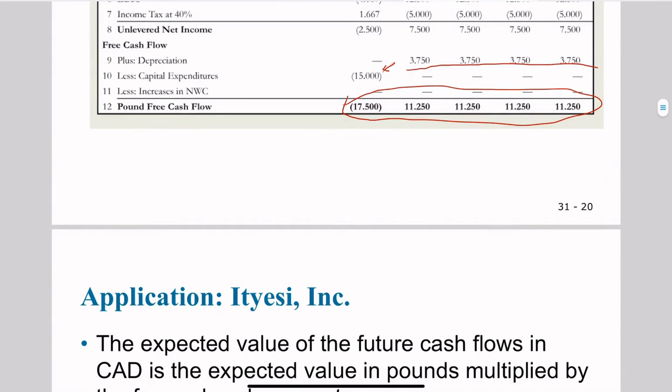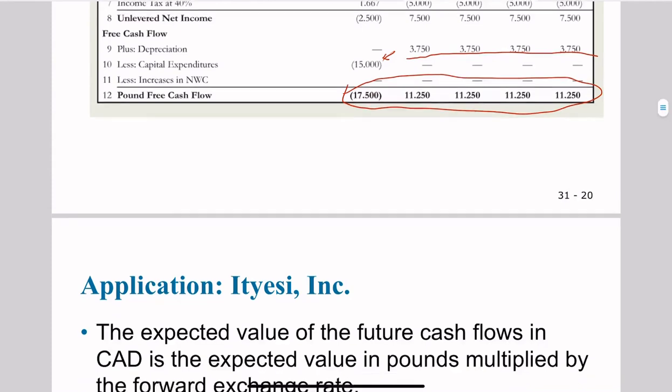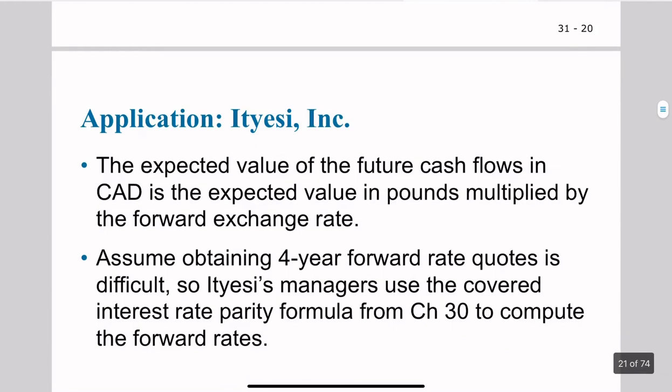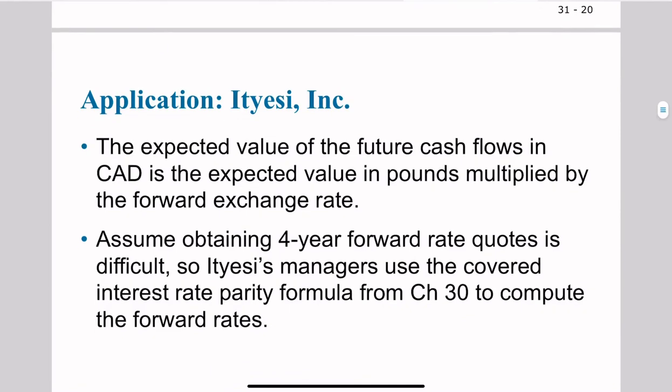So generally, if you look at actual financial market data, you can get an overnight forward exchange rate, and you can also get a 10-year forward exchange rate, right? So this basically means you can lock in the exchange rate in 10 years. But here we want to take some extra step. So let's say you cannot obtain this 4-year forward rate quotes, right?